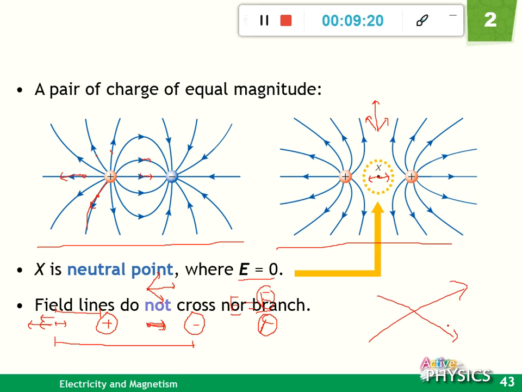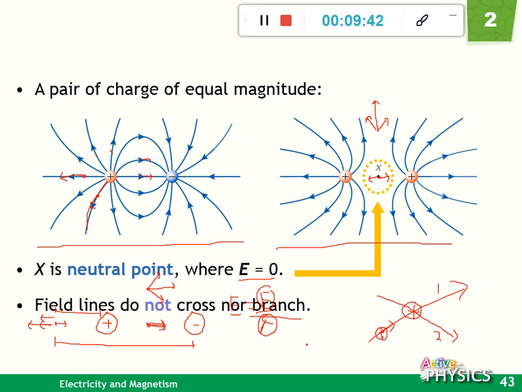Here we have two field lines. They make a cross. But why? If I put a positive test charge here, it will move in this direction. But when I put the positive charge here, then what will happen? Go to path 1 or path 2? I don't know. So this tells us that this one is impossible.